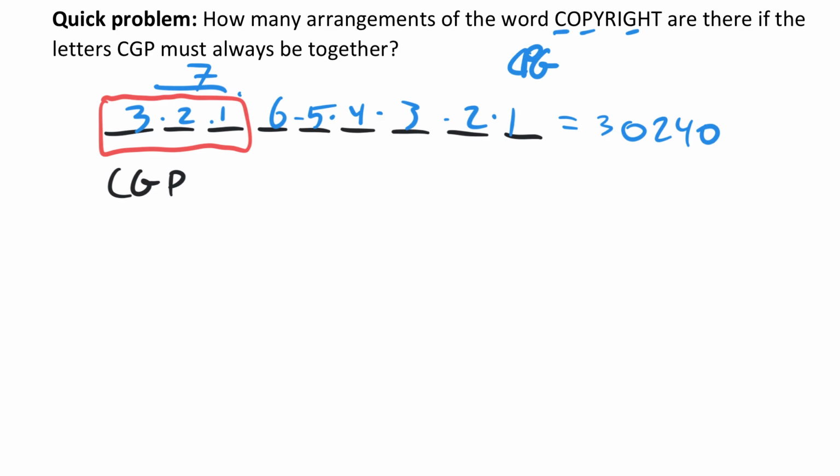So really this is our first letter, and then after that we have O, Y, R, I, H, and T: 1, 2, 3, 4, 5, 6, 7. So here are our 7 letters. That's why we're starting with a 7 here, and then counting down, because we're using every letter.